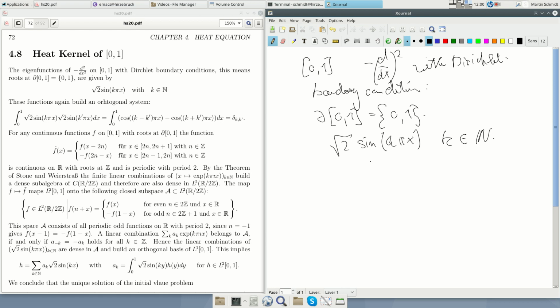And if we take the second derivative, then we get the eigenvalue, also minus d by dx squared.